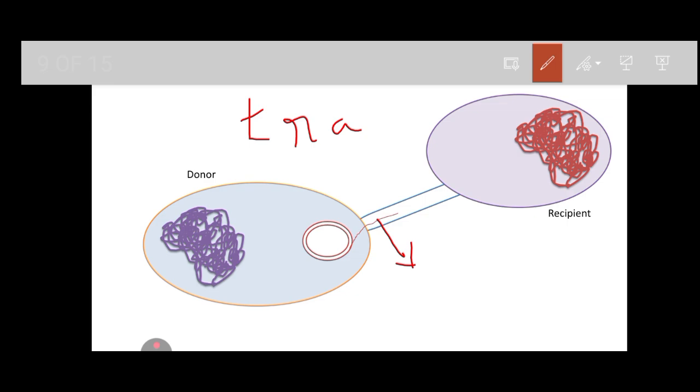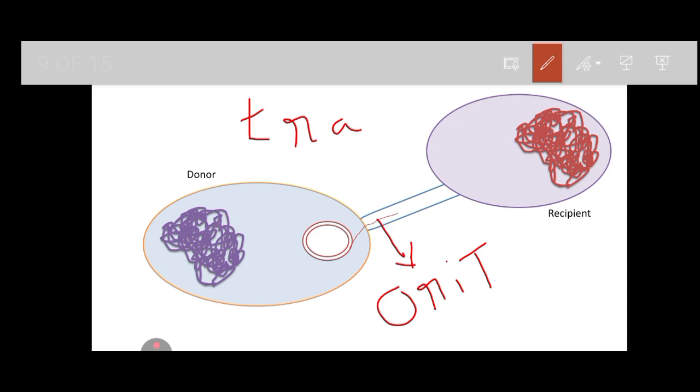Another important thing to be noted is called the ORIT site. The ORIT site refers to the origin of transfer site. So this is the specific site where DNA transfer begins, right?